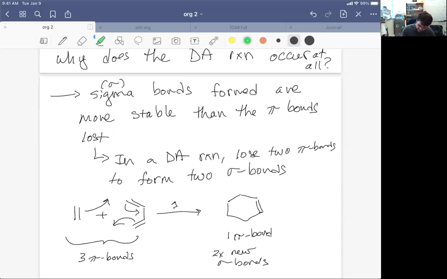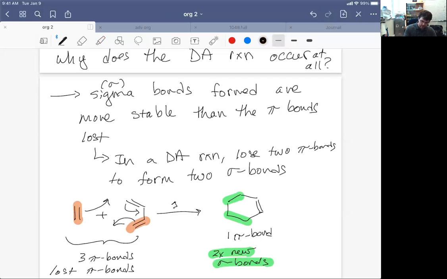The 2 new sigma bonds I'll highlight in green. They're right here and right here. And then the pi bonds that are lost are, I guess it's this one and this one based on this arrangement, but we could have either one of the 2 diene pi bonds getting lost.